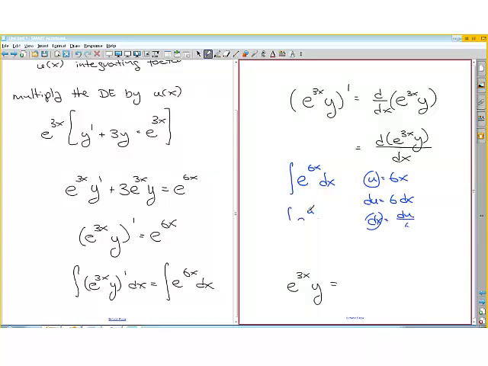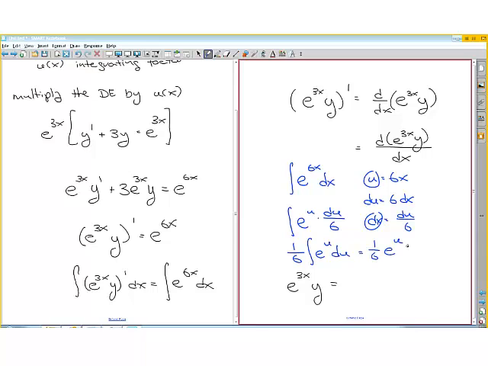That integral becomes e to the u times du divided by 6. Factor the 6 out. 1/6 e to the u du. And the integral of e to the u du is just e to the u. So we get 1/6 e to the u plus c, of course, plus c. Substitute u back in.